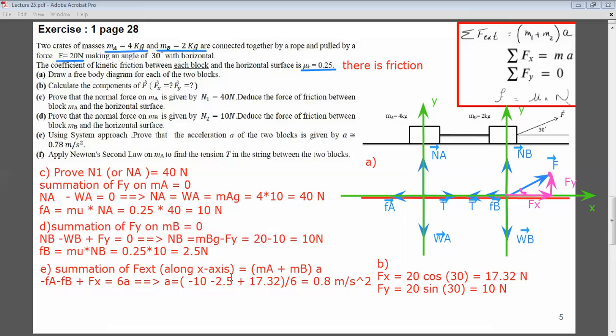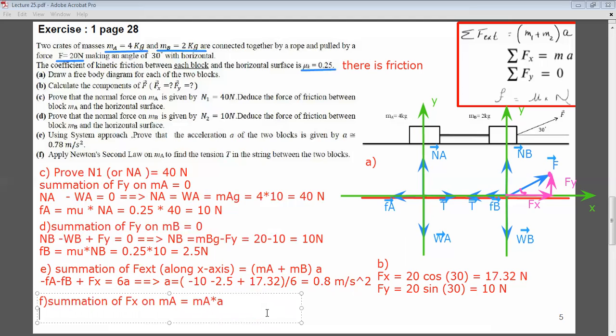Okay. Part F. We apply Newton's second law on MA. I only want to apply it on MA to find the tension, so I come to the first object. Is the tension along the x-axis or along the y-axis? It's along the x-axis, so I have to use the summation of Fx on MA equal to mass A times the acceleration.